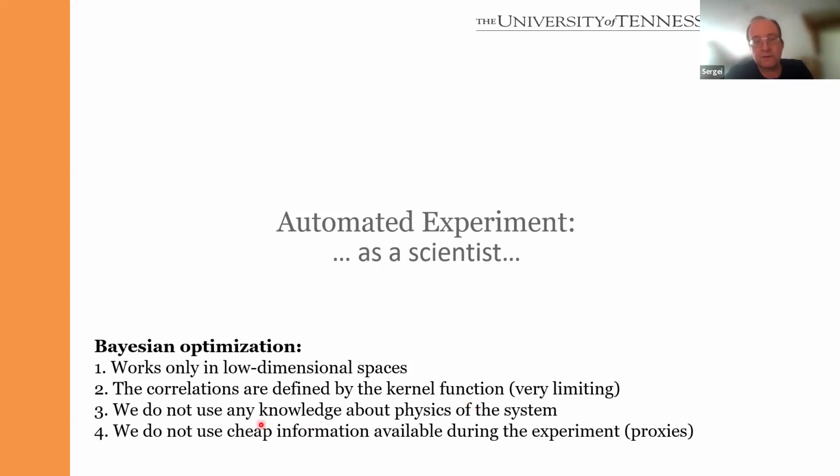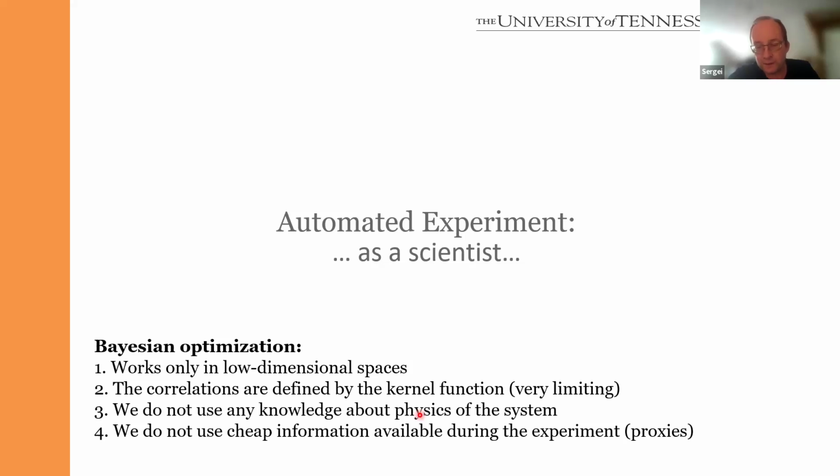Again, we never run experiments in black boxes. We always have some form of observables throughout the experimental workflow. Therefore, if we want Bayesian optimization to become useful, we need to learn how to incorporate this type of information before we even start an experiment.